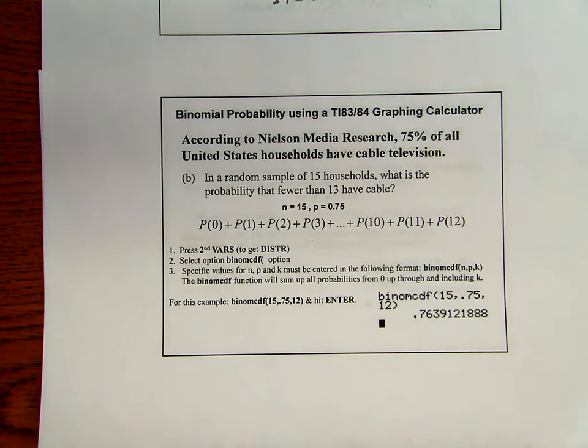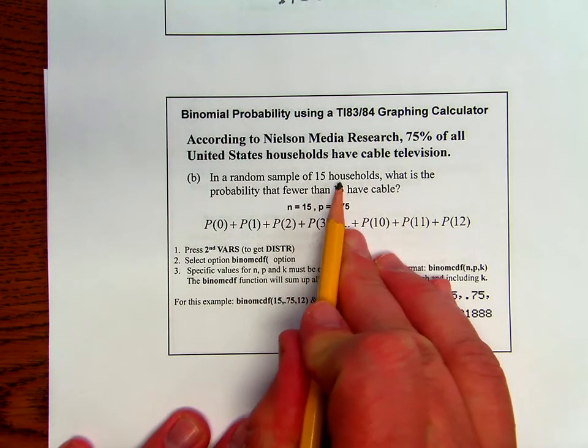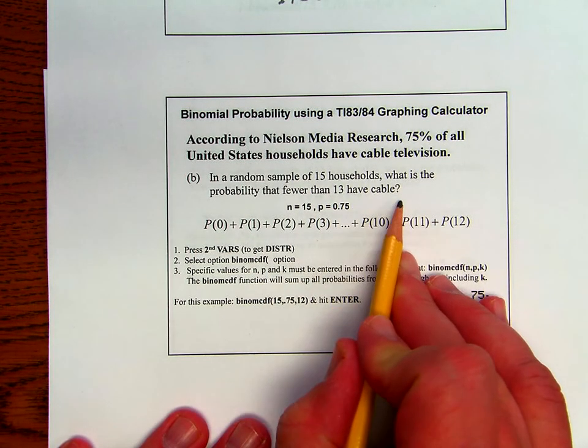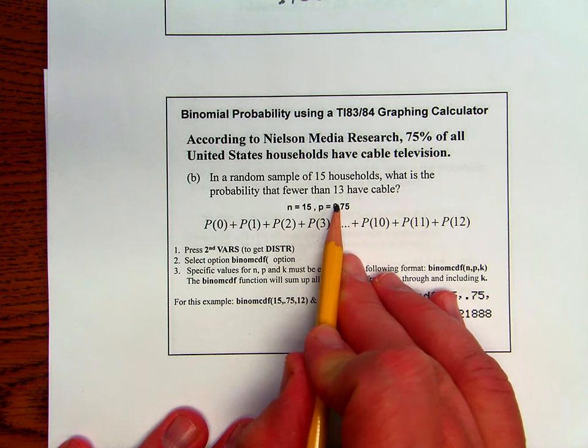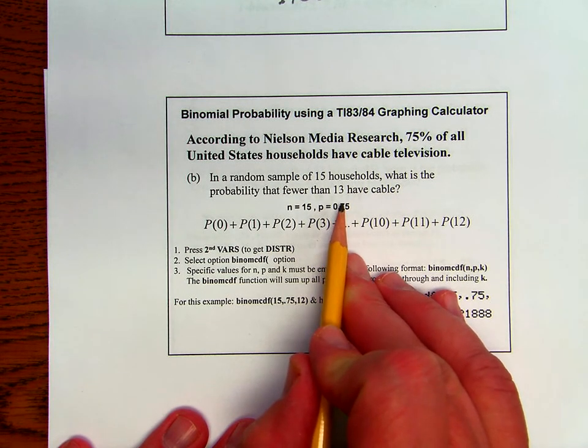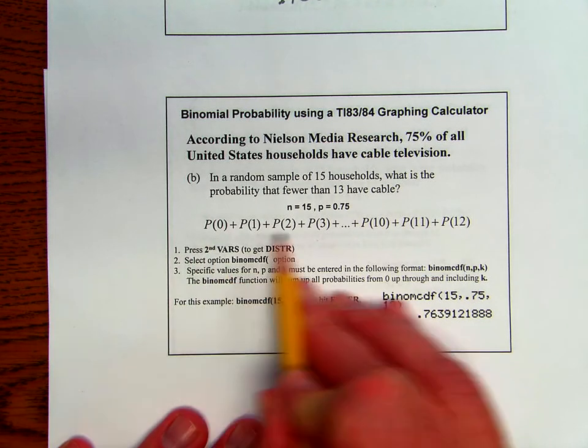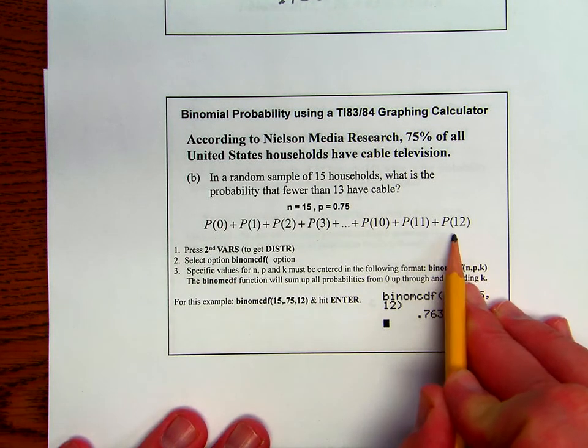All right, part B. In a random sample of 15 households, what's the probability that fewer than 13 have cable? A reminder again, binomial probability is a discrete probability distribution. Endpoints matter. So fewer than 13 doesn't include 13. It's everything from 0 successes up to including 12 successes.